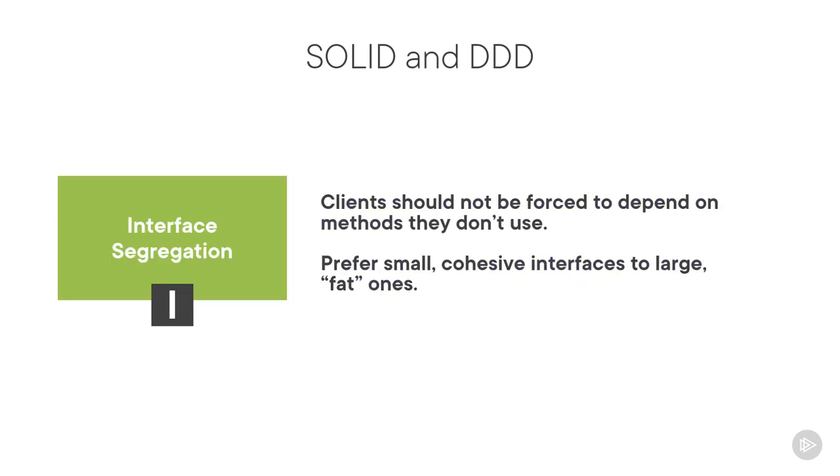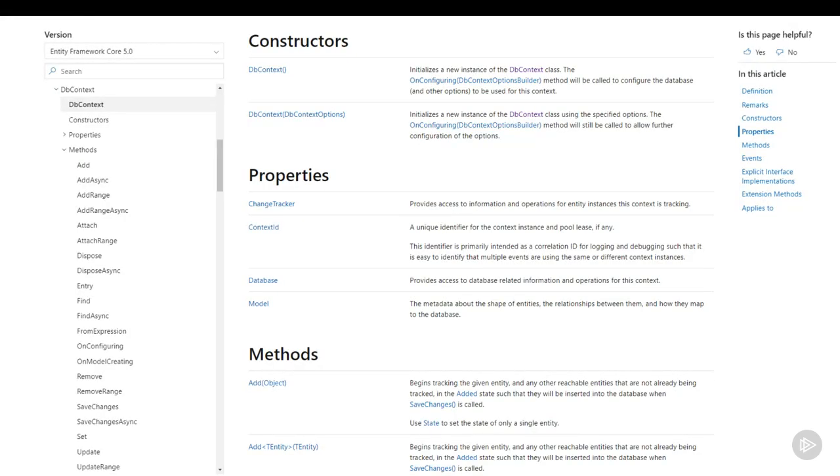And that makes it easier to follow the interface segregation principle, which I also learned about from your SOLID course. This principle prefers smaller interfaces. So if your app is using a DbContext directly, that is not a small interface. Along with DbContext repository features, it exposes a lot of other functionality.